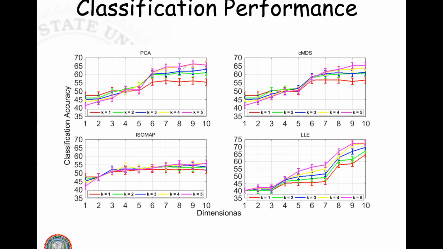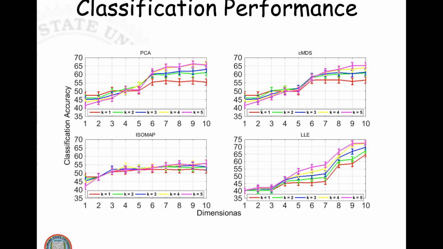But we do notice that with PCA, the best we can do is a degree 5 polynomial kernel, and these error bars represent 1 standard deviation over the 10-fold cross-validation. But you see that we really don't start doing really well with PCA until we get past 6 dimensions.